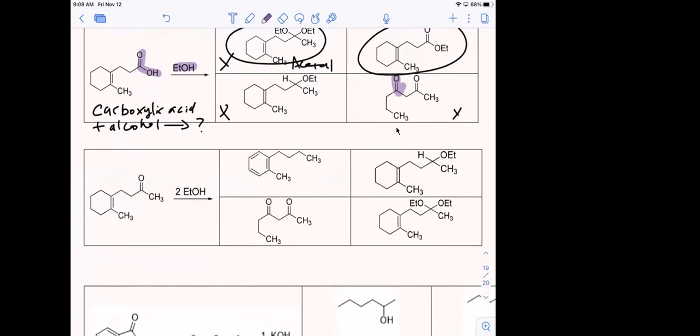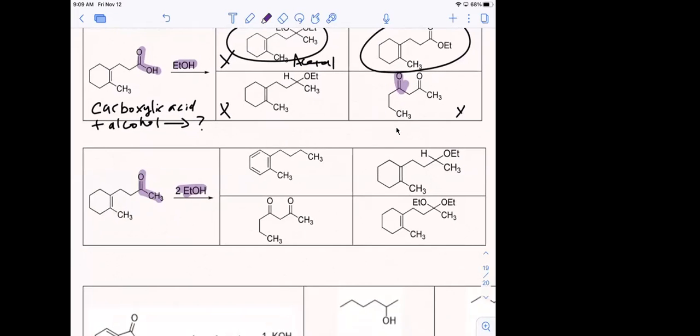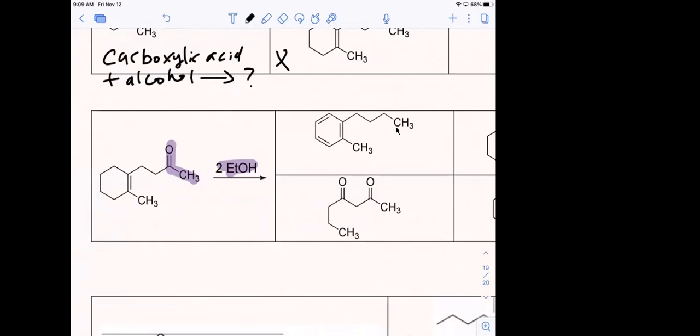I got 2 moles of alcohol and a ketone. So now since it's 2 moles, would it be the acetal?